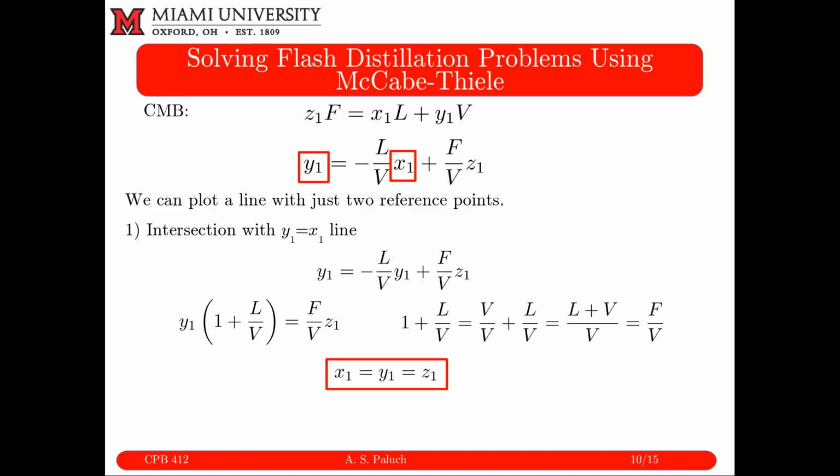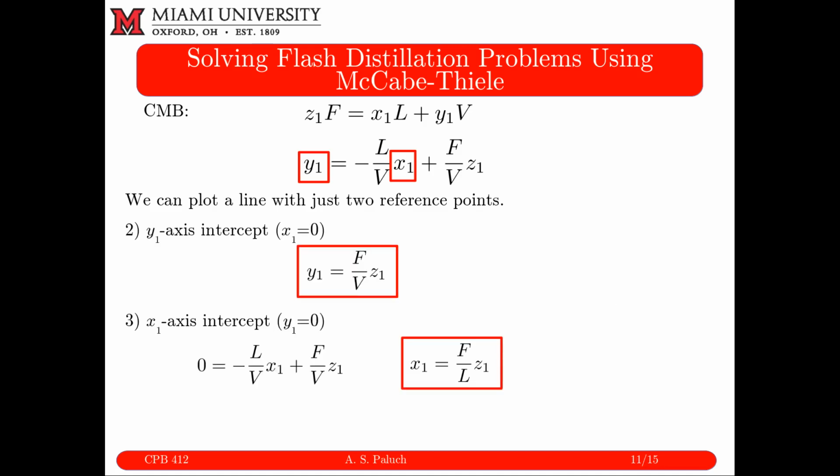So if I know z, I can just find that point on my y equals x line. There's reference point 1. 2 other common points are my y-axis intercept and x-axis intercept. Here I've solved for both of them. Which one you apply as your second point essentially corresponds to which one actually lies on my y versus x phase diagram, where both axes just go between 0 and 1.